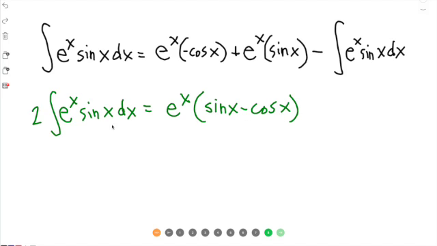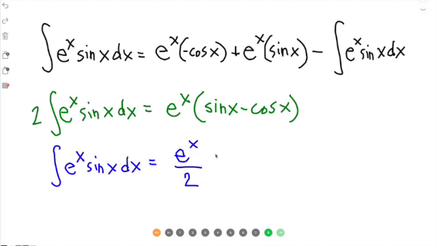So now the last thing we need to do is just write it down. So this is 2 times our integral. If we divide the other side with that, so that is the answer for our integral. So that's the integral of e to the x sine x dx equals e to the x over 2 times sine x minus cosine x.